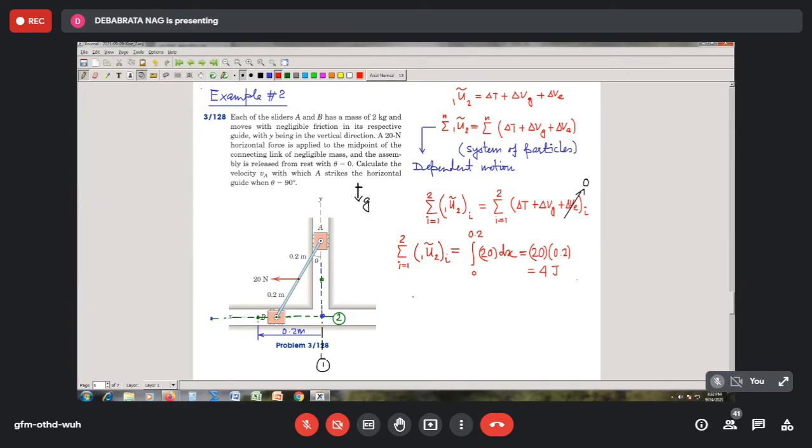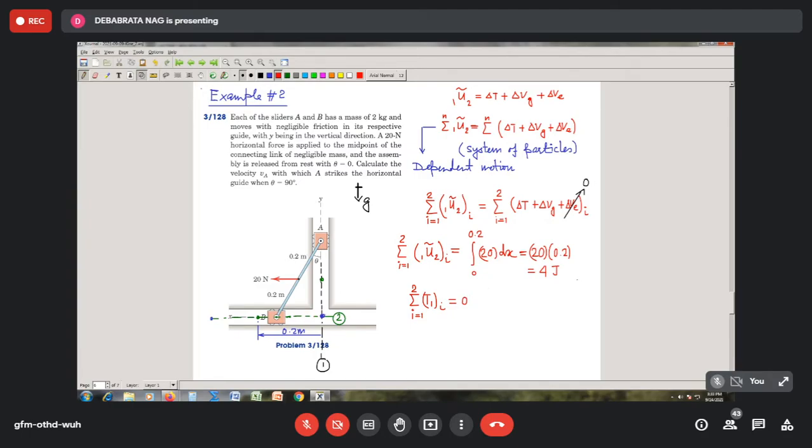Or in other words, we can say that the summation of T1 i, varying from 1 to 2, is basically equal to 0, because this sum is to be written for each individual i. So for all of them, this is becoming equal to 0.